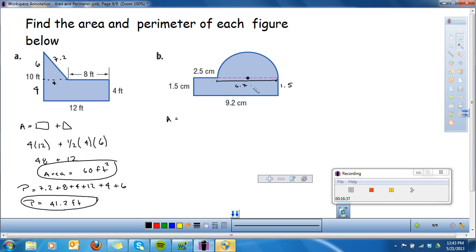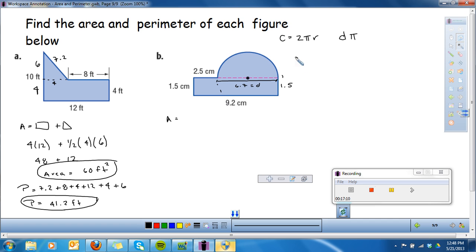Now this length, this right here, this is the diameter of my circle. And I know that the formula for circumference is either 2 pi r, or it could just be d pi, the diameter times pi. So if I know right now that this is half a circle, I'm first just going to find the circumference as if we expanded this circle all the way around.